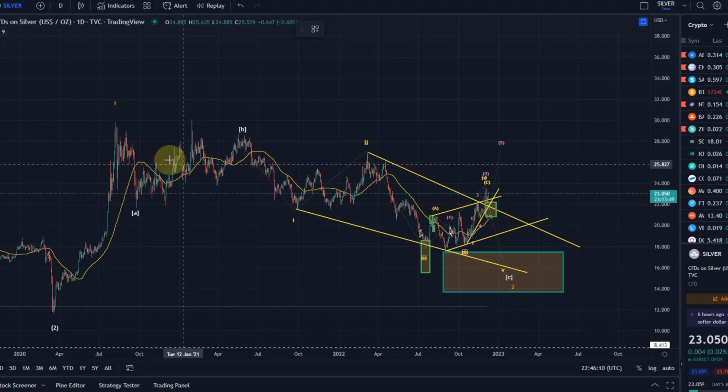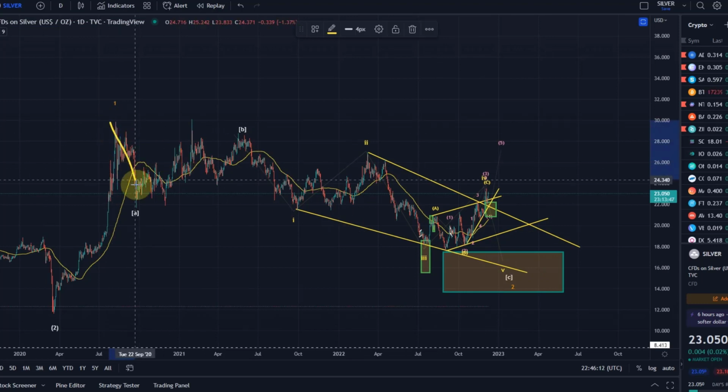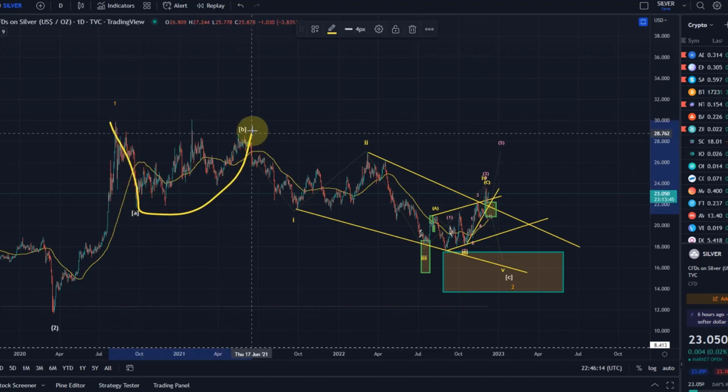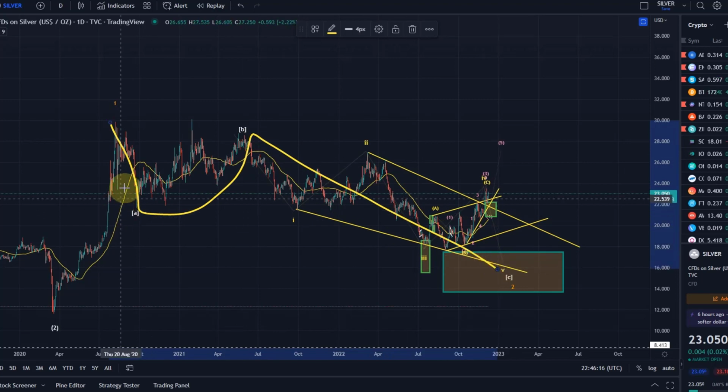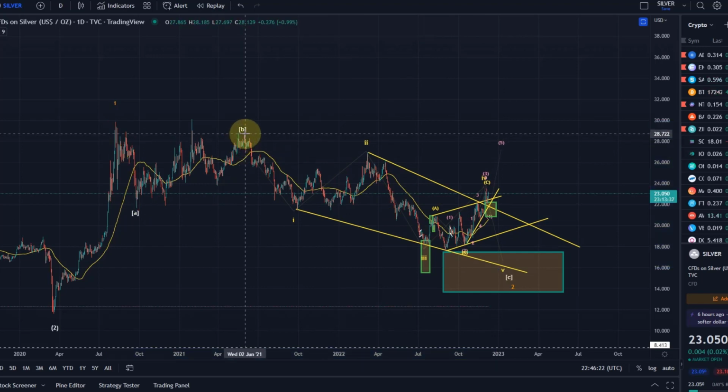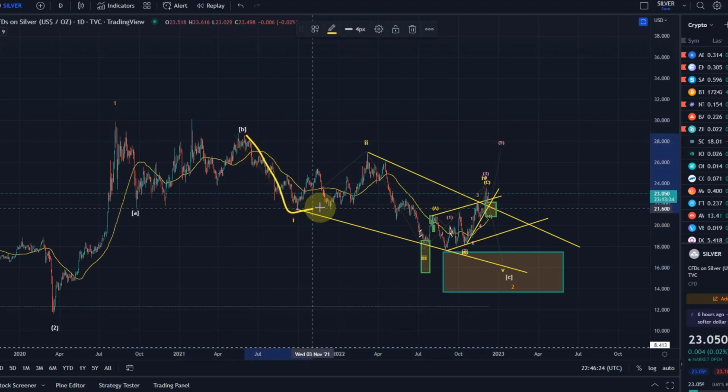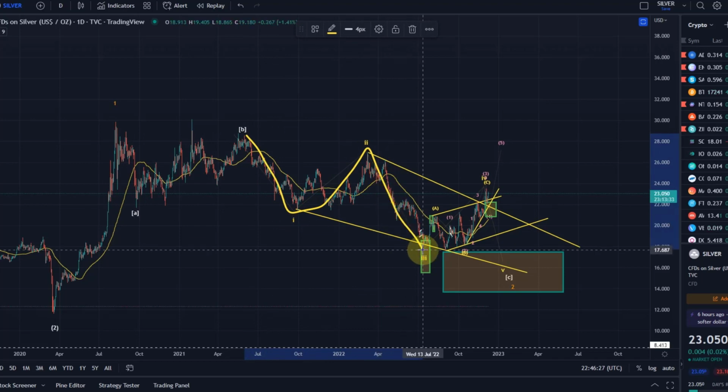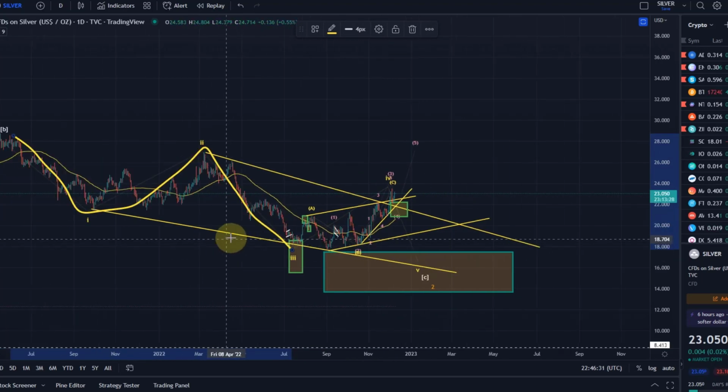The overall correction here in the wave 2 consists of a wave A, a wave B, and a wave C. I do see the wave C as a diagonal pattern, an ending diagonal, which consists of a wave 1, a wave 2, a wave 3. And here is now where the tricky situation comes in.